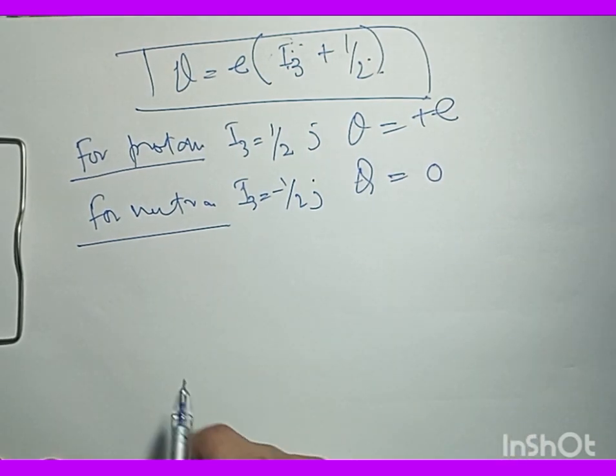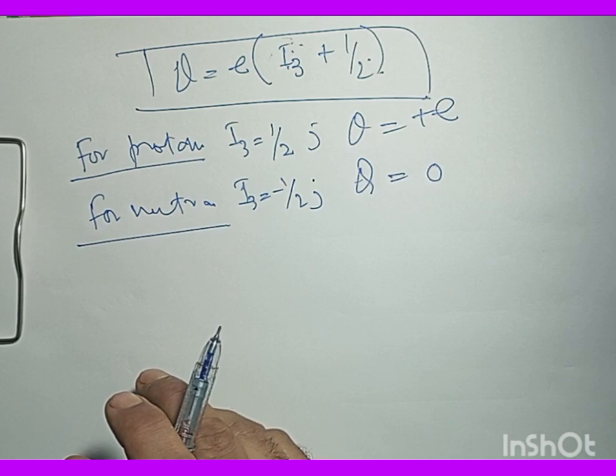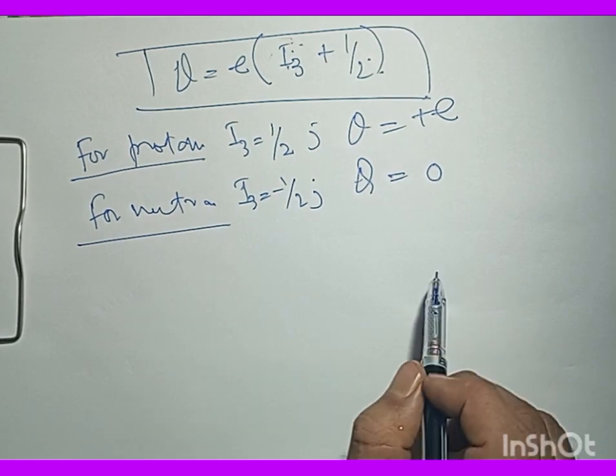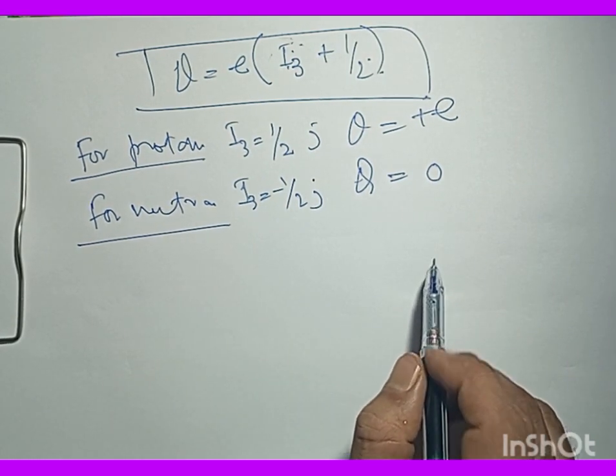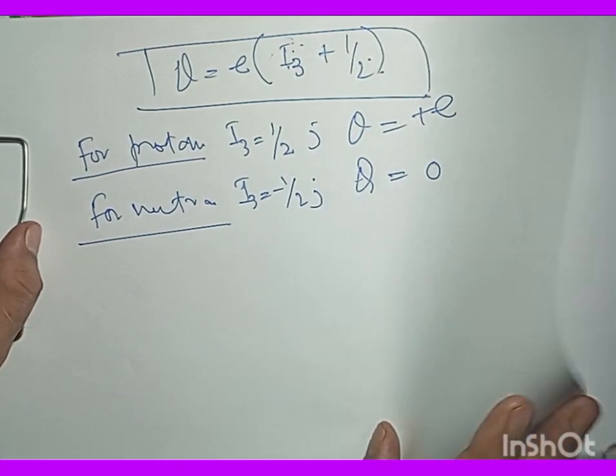Now let me tabulate this isospin and its corresponding third component I3 that we talked about here for nucleons, mesons, and also for hyperons. So let's go with that.